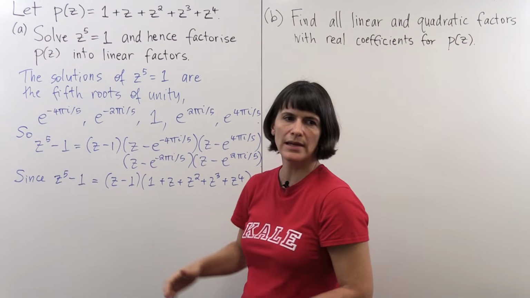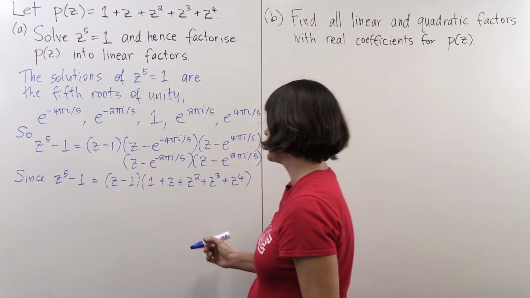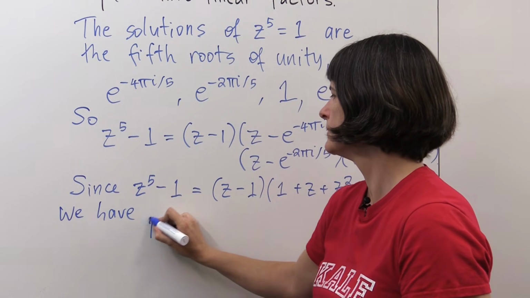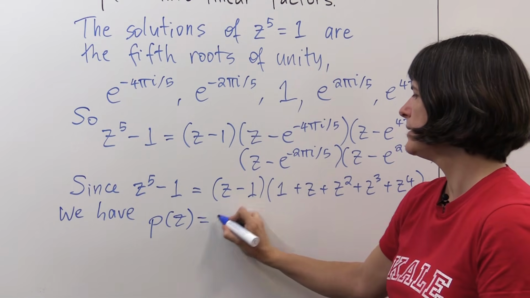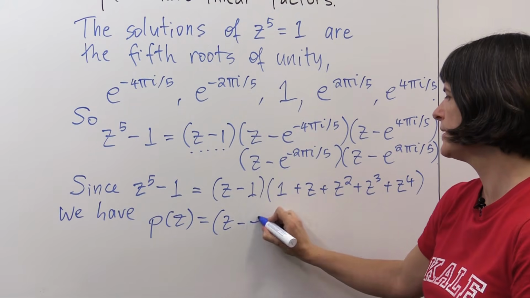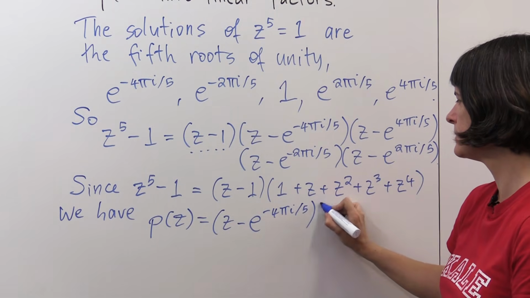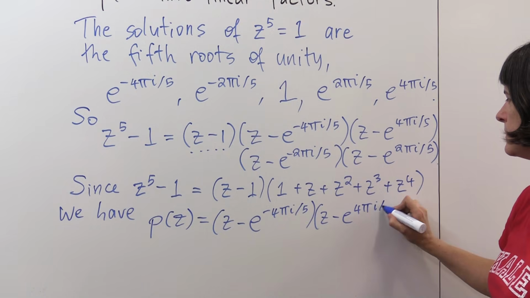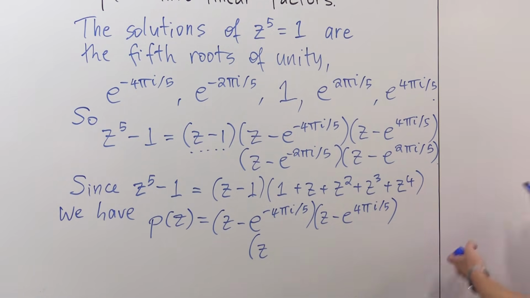So since we have this, we can clearly cancel the z minus 1 on both and obtain a factorisation for p. P of z, which is this second factor here, is the product of all the other factors other than the first one. So you just write that out again. And imagine these factors are just up here on the right.